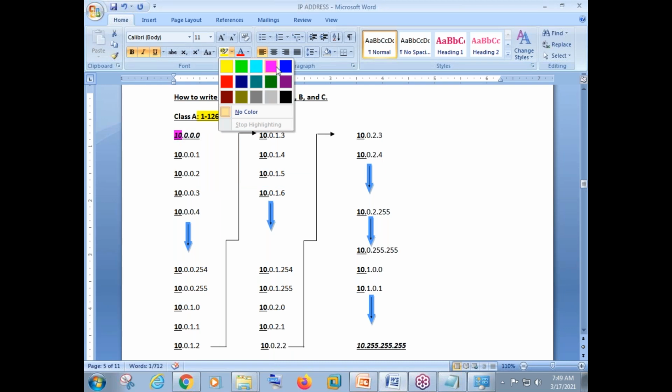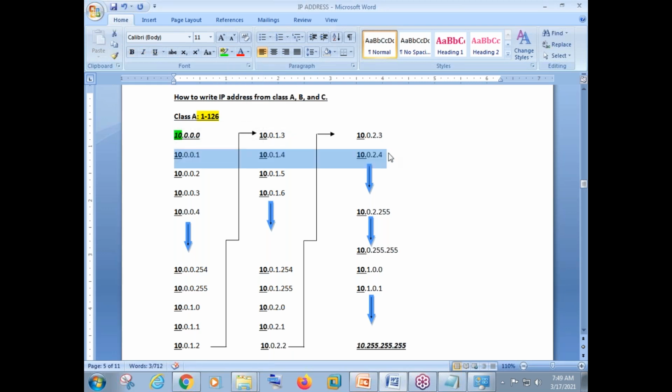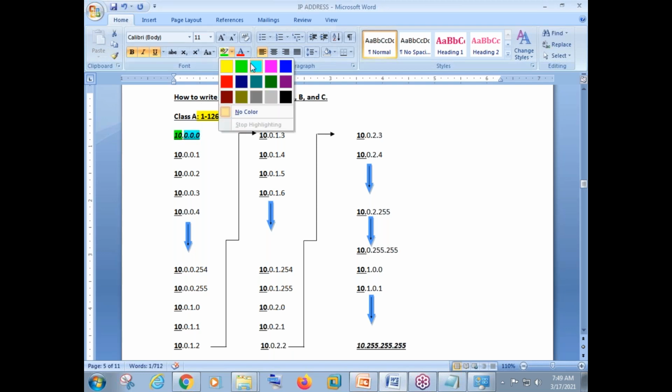Sorry, not network ID, 10 is acting as the network. The second, third, and fourth octets, like we said, will start from 0 and go up to 255. So this 0.0.0 is our host. 10 is the network and 0.0.0 is the host.